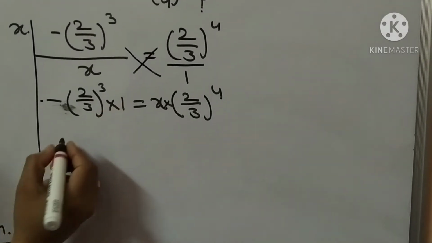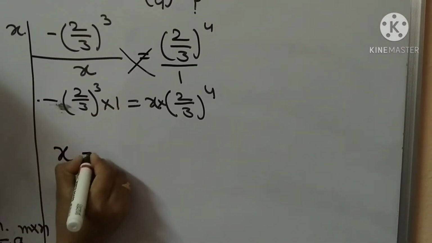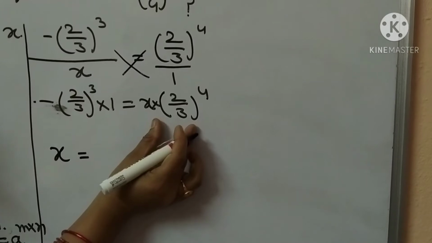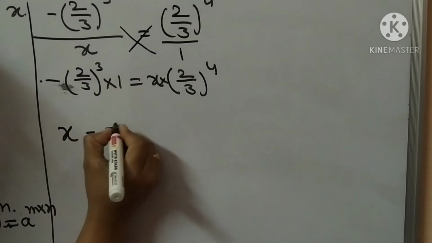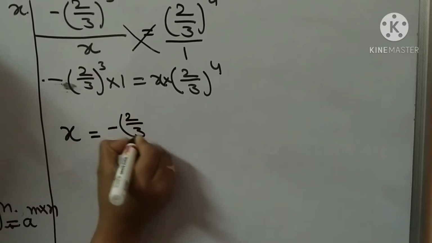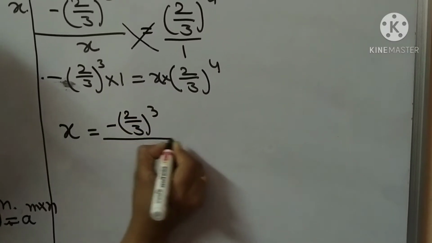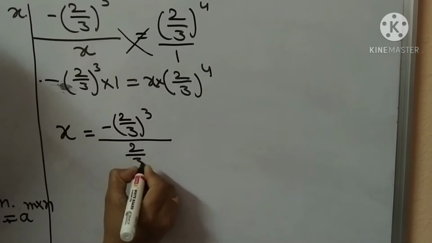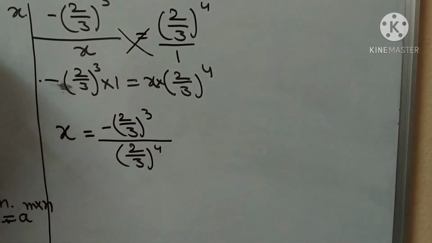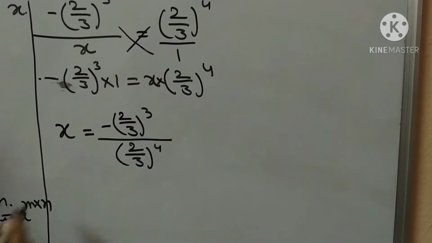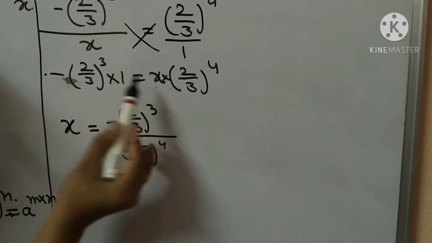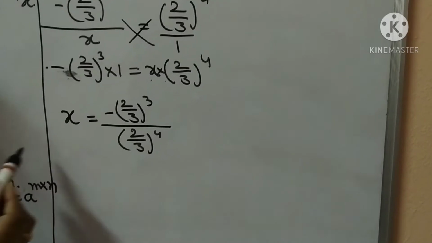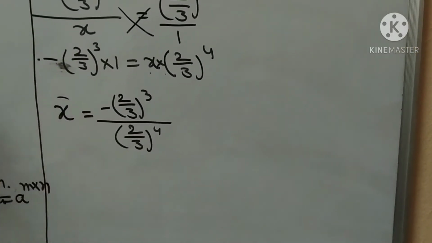Next, write x equals... a multiplicative quantity becomes a divided quantity, because we are finding the x value. What is x?